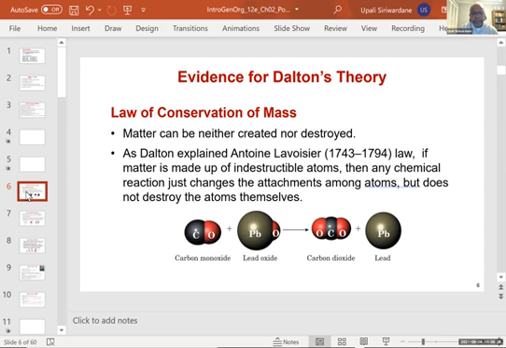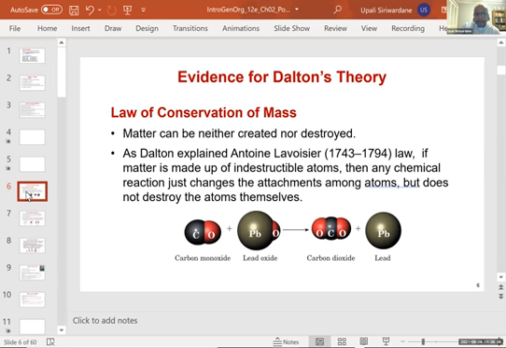So Dalton explained, if matter is made out of indestructible atoms, then any chemical reaction must change the attachment among the atoms, but does not destroy the atoms themselves. For example, carbon monoxide reacting with lead oxide goes to carbon dioxide and lead.